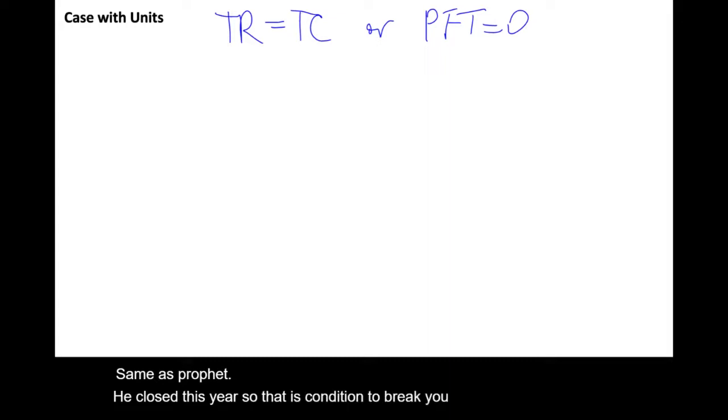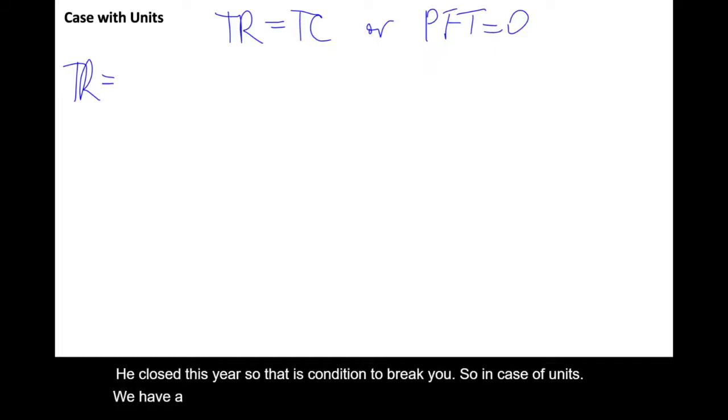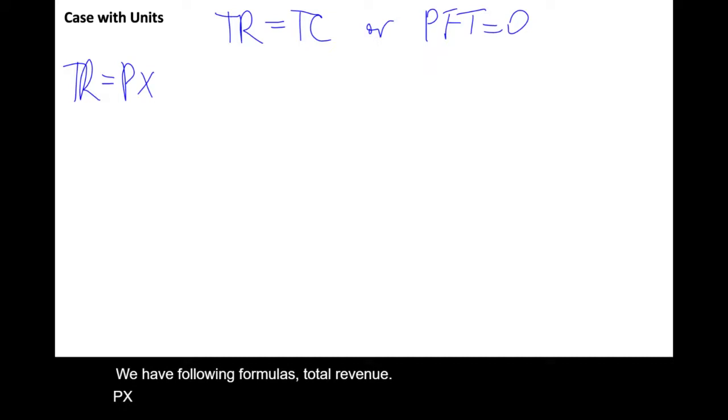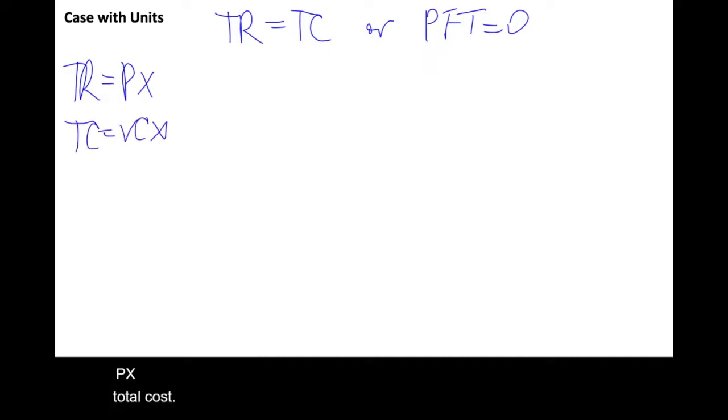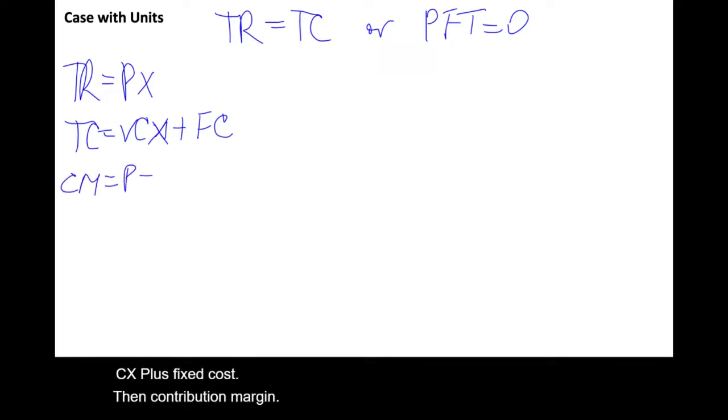So in case of units, we have following formulas: total revenue px, total cost vx plus fixed cost, then contribution margin, price minus variable cost. Contribution rate is contribution margin over price.